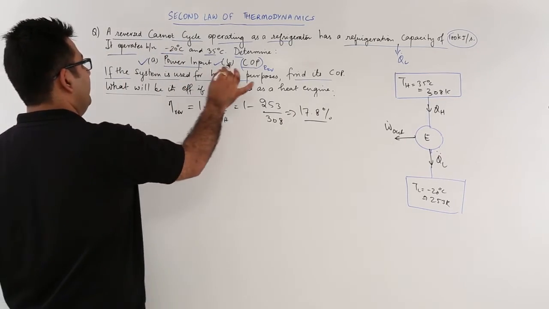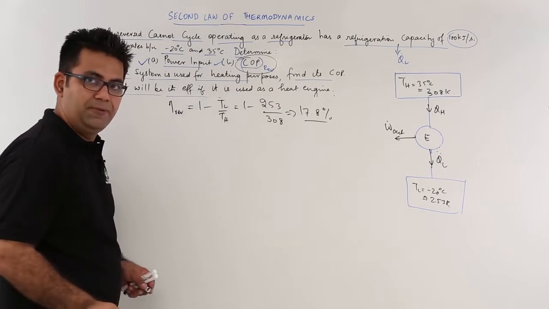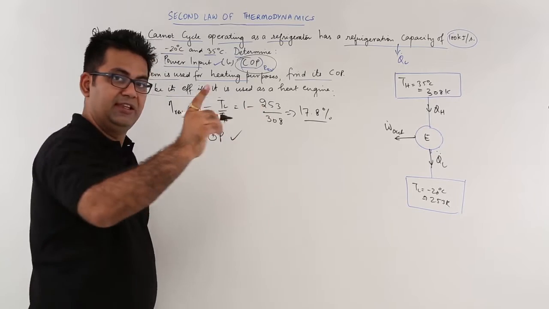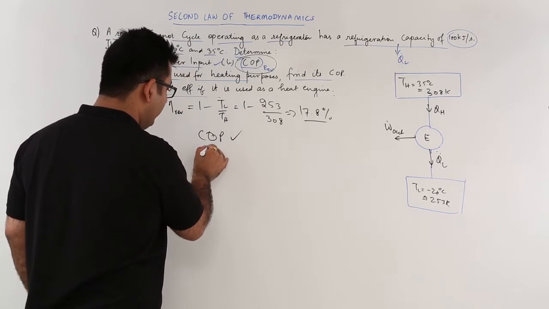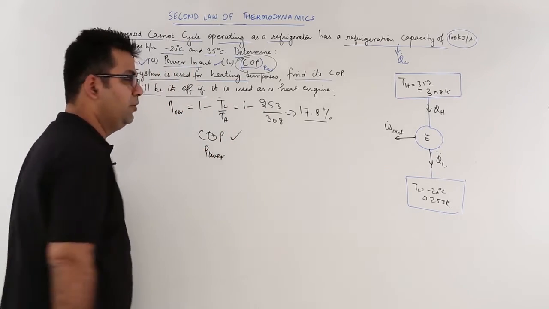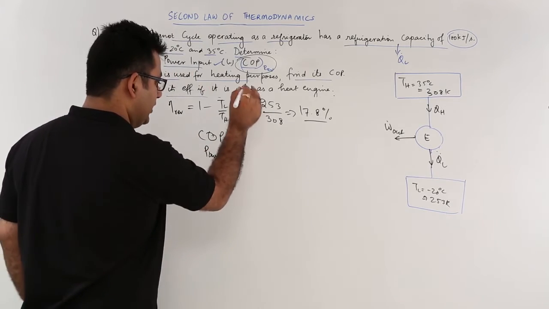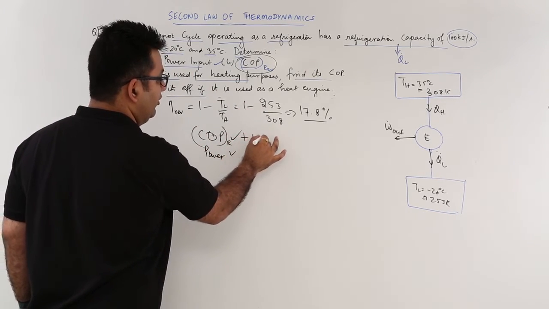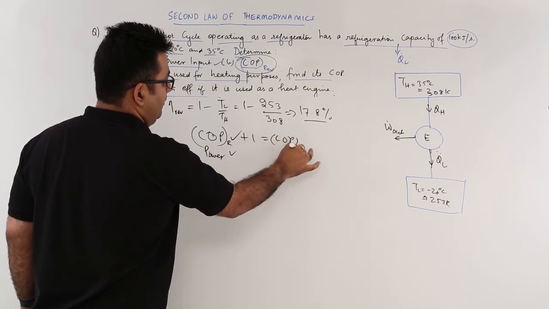We first of all found out COP, then used the COP to find out the power input. That's done. With the COP of a refrigerator, add 1 to it and you get the COP of a heat pump.